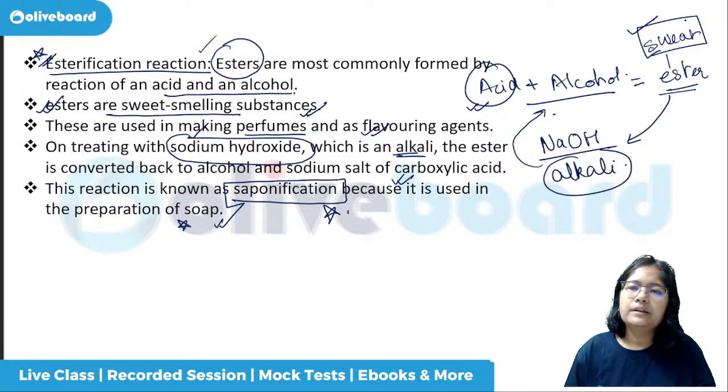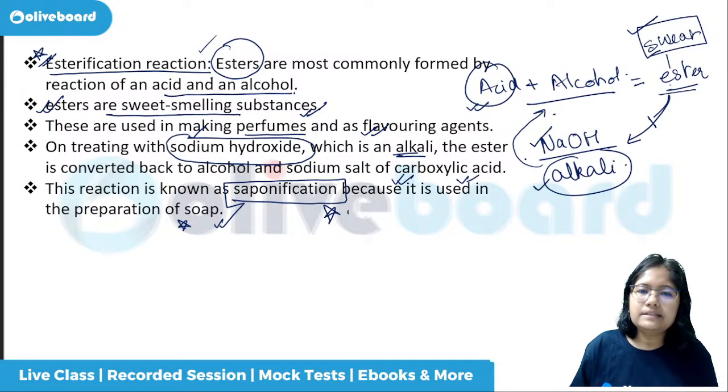Now, sweet smell means esterification has happened, and if it is again treated with a base, NaOH, it will be converted back into the alcohol and the sodium salt of carboxylic acid. This reaction is the one used for the preparation of soap.